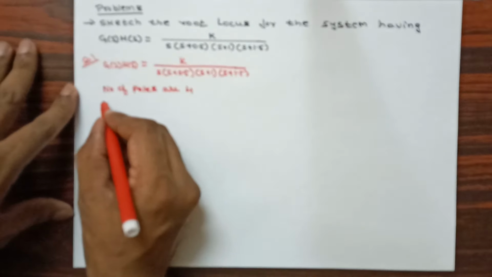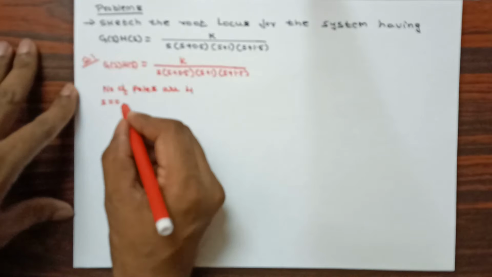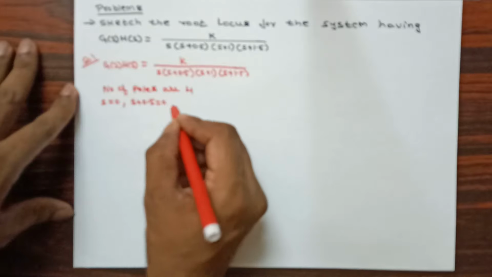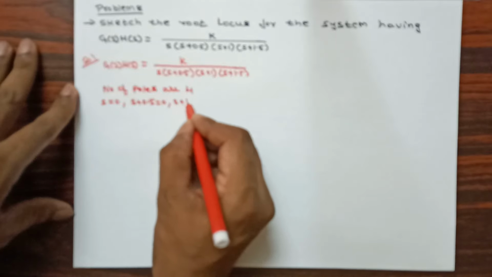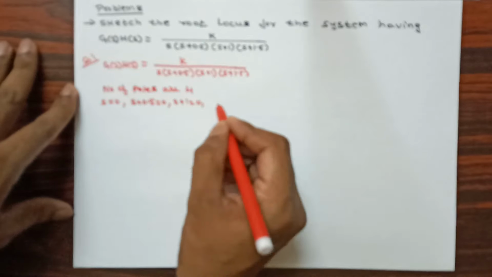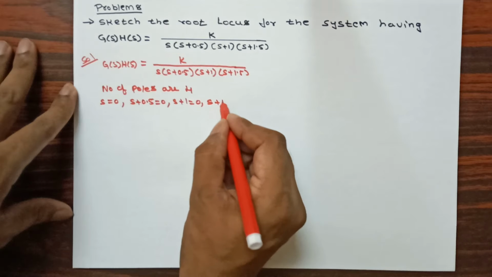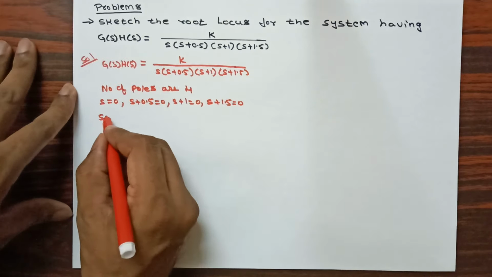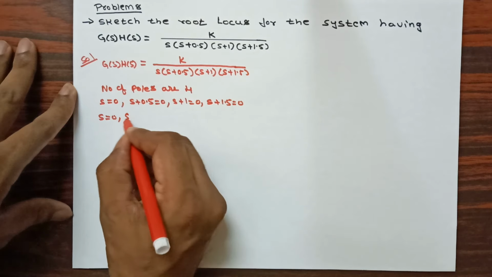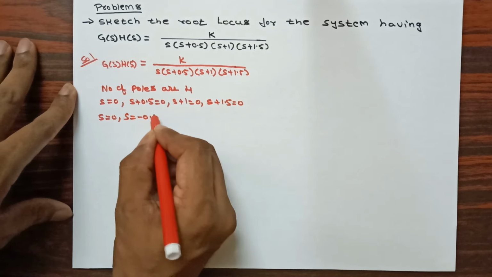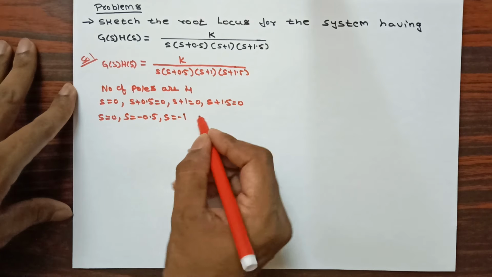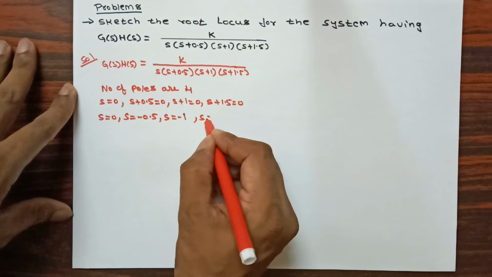This can be written as s is equal to 0, s is equal to minus 0.5, s is equal to minus 1, s is equal to minus 1.5.